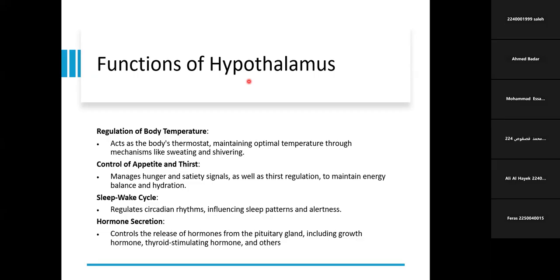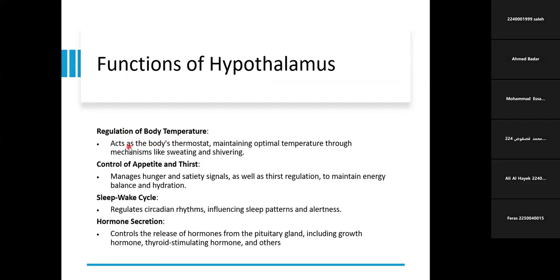Except for moving our legs and telling us where we are getting a painful stimulus, all the rest of the functions are done by hypothalamus. It controls our hormones. Now see, I'll quickly pass through this. It controls our body temperature. First semester, first lectures, homeostasis.